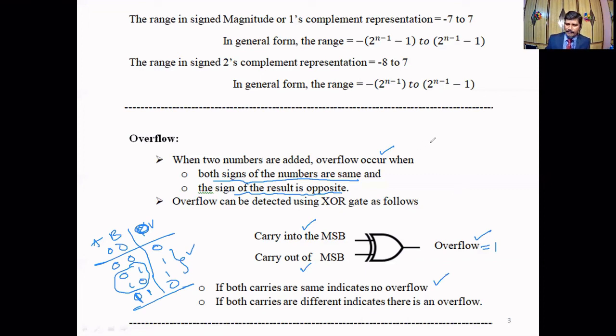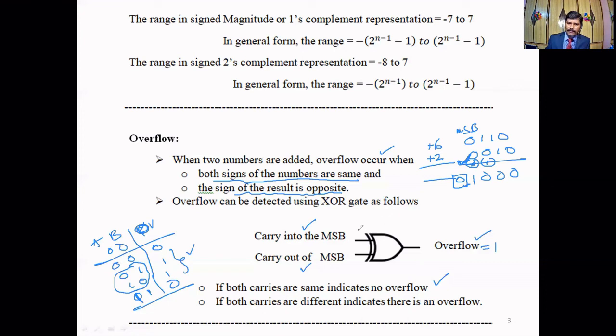Let us see an example here. Plus 6 plus 2. Previously we have done 0 1 1 0, that is 6, and 0 0 1 0, that is 2. Okay. So adding, this is 0, a carry here, 0, a carry here, and 1, there is no carry out here, 0. So this is actually the MSB. Observe this, this is the carry 1 into the MSB.